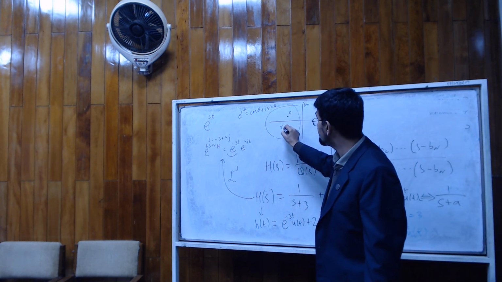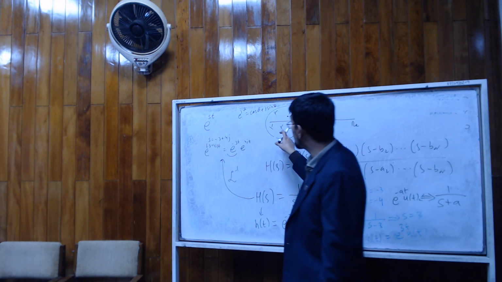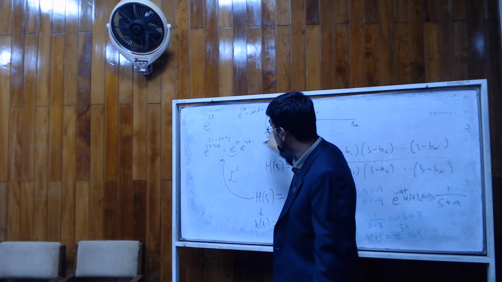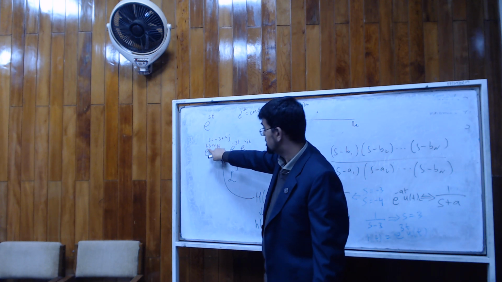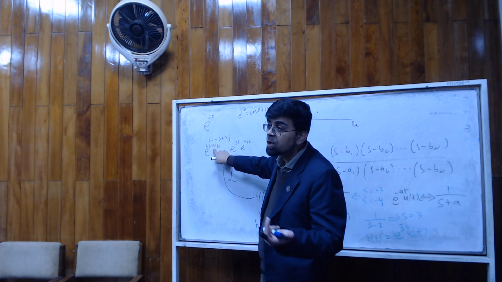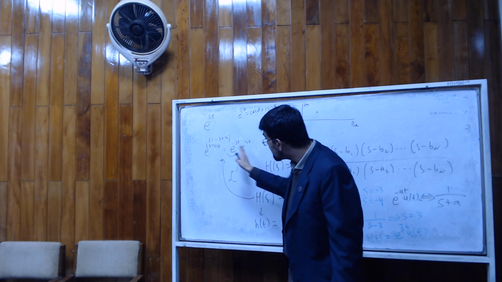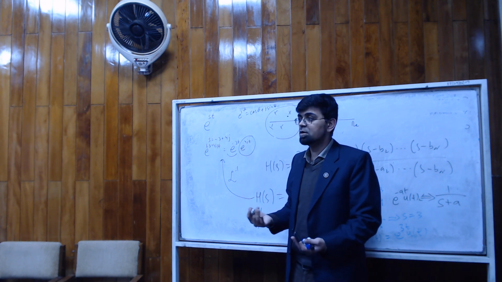If poles are here, your system is stable. Why is that? Because whenever you have a pole here, the real part will be negative, and the imaginary part could be positive or negative. But when you decompose it, it turns out that the imaginary part plays no role in decay or growth.